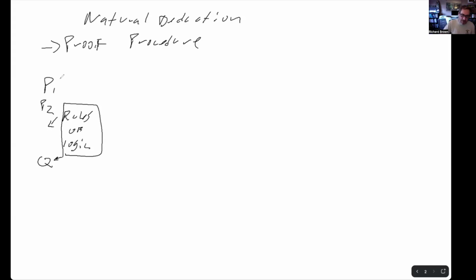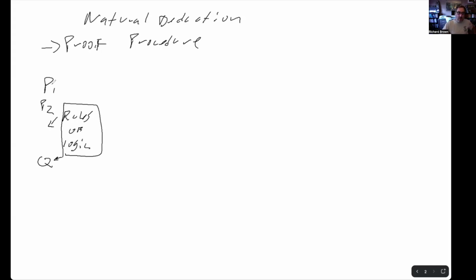So remember, we always start with the assumption that the premises are true and see where we can go from there. So when we're doing natural deduction, whenever someone gives us an argument, the first thing we do is ask, is it valid? We assume that the premises are true, and then we try to reason our way to the conclusion. And if we can do that, then the argument's valid.